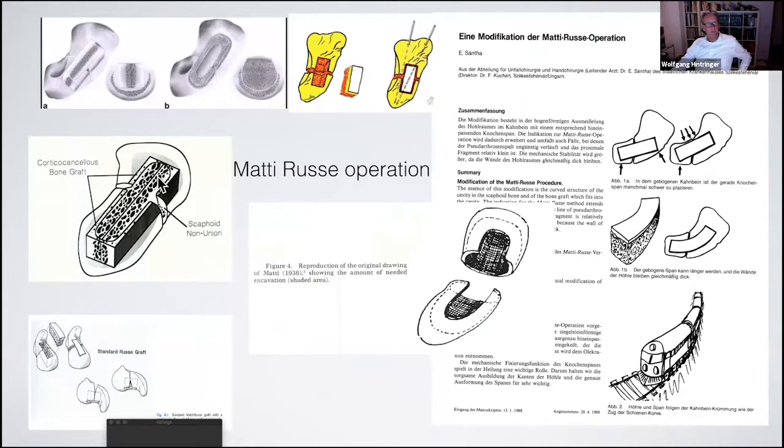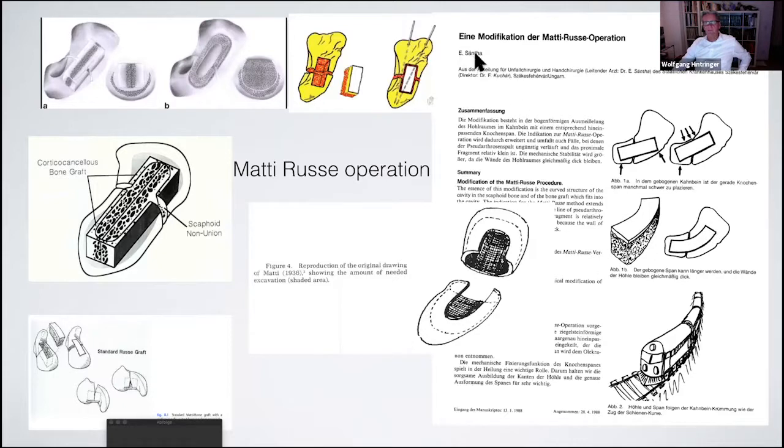Matti at first put in a cancellous, cortico-cancellous bone graft from the dorsal side, and then later on Russe put that bone graft in from the volar side. But the stabilization was not very good, only with K-wires, or the first methods were without K-wires. And you see here the different methods from other colleagues.